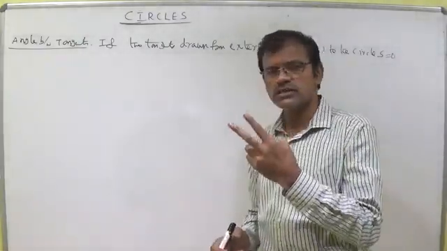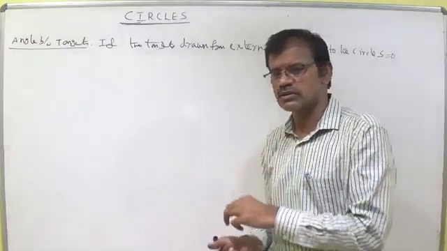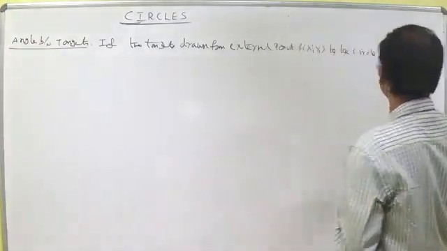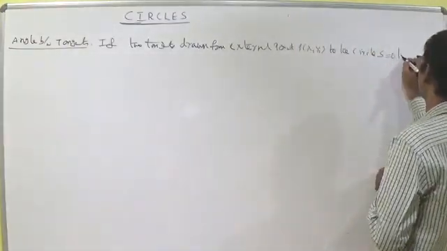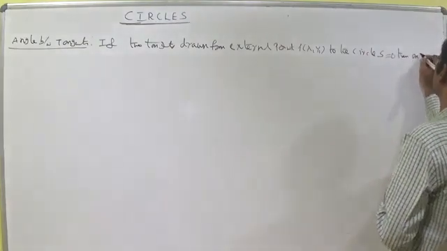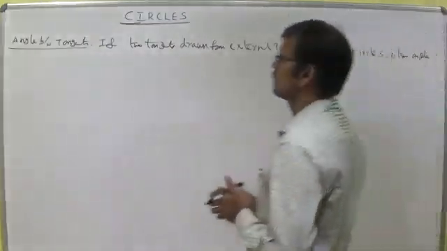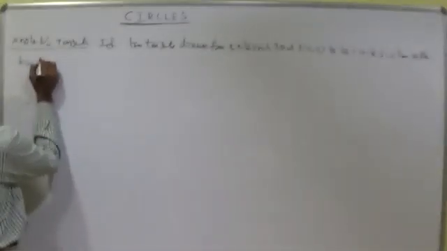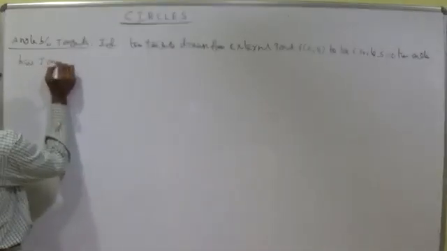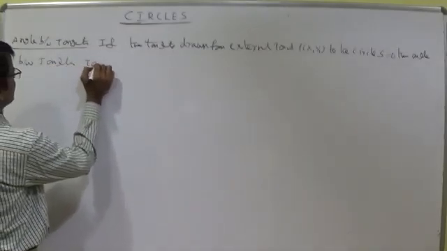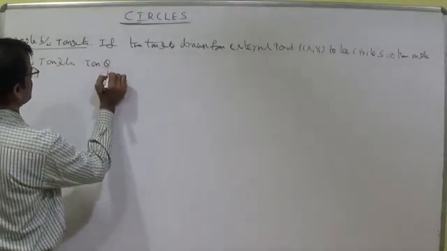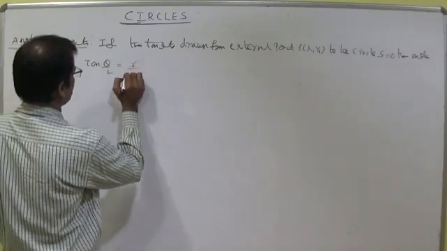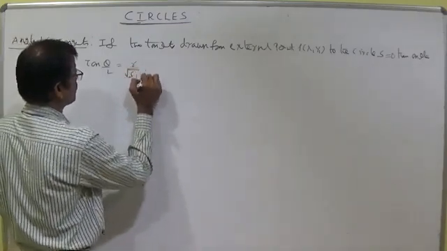If two tangents are drawn from an external point to the circle, then the angle between the tangents has the formula tan theta by 2 is equal to r by root S11.